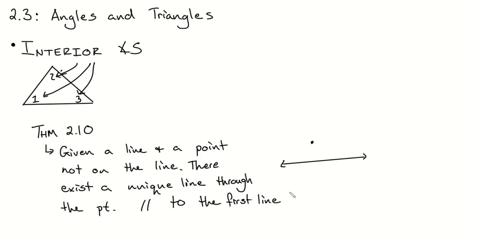Okay, just to show what this means, because it feels kind of blah when you read it. I give you a line and a point that wasn't on the line. All I'm claiming is that if I said, let's draw a line parallel to that black line through that point that we added, there's only one line that we could ever possibly draw.